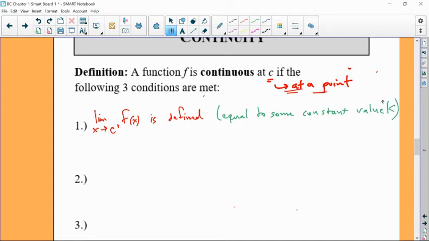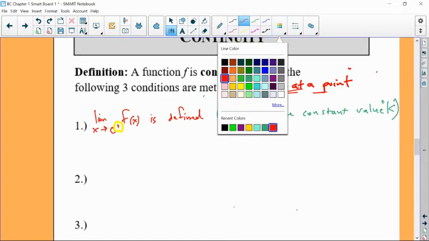So some unknown value. The limit as x approaches this point from the right is defined at some k value. And notice that we're coming from the right. That's half the battle. Now you can anticipate that we have to come from the left also.